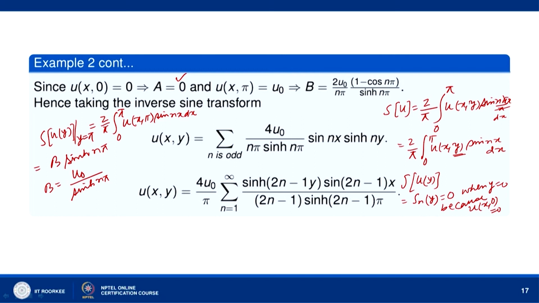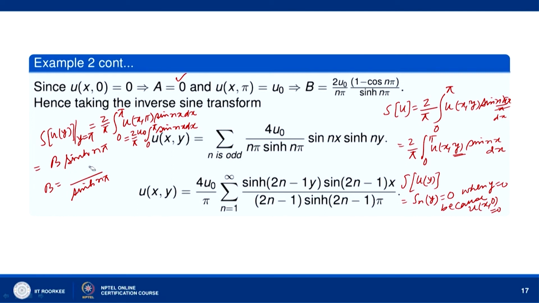So, this is actually u naught, so 2 over pi u naught, and we have the integral 0 to pi of sin(nx) dx that we have to evaluate.